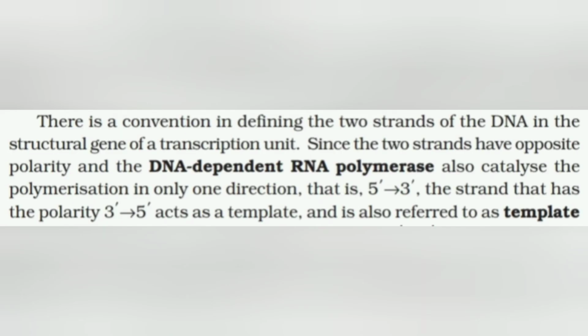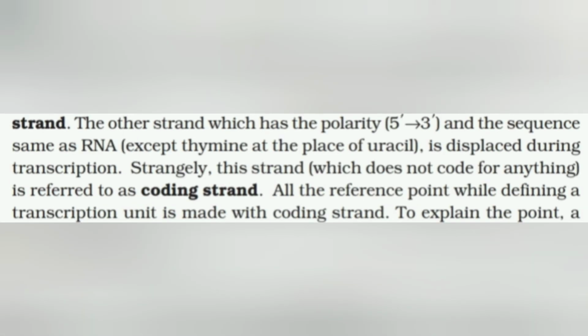There is a convention in defining the two strands of DNA in a structural gene of a transcription unit. Since the two strands have opposite polarity and the DNA-dependent RNA polymerase also catalyzes polymerization in only one direction, that is 5' to 3', both strands are not available as template. The strand that has polarity 3' to 5' will act as a template and hence is referred to as the template strand.